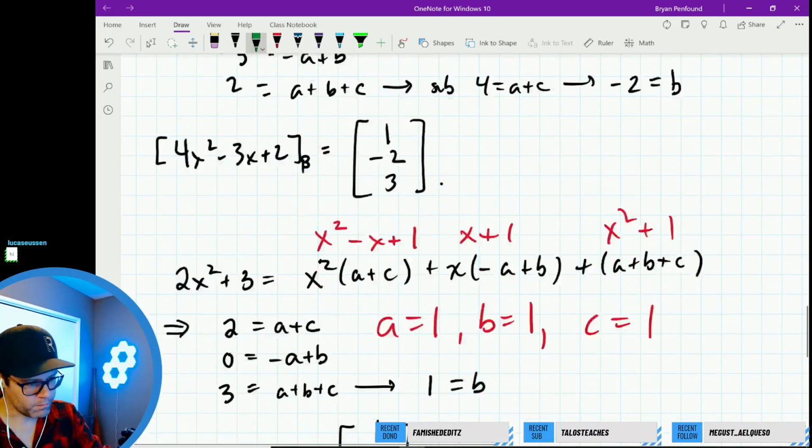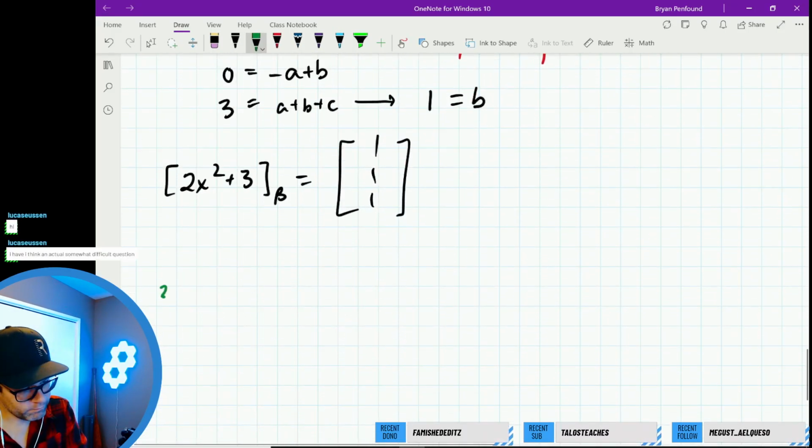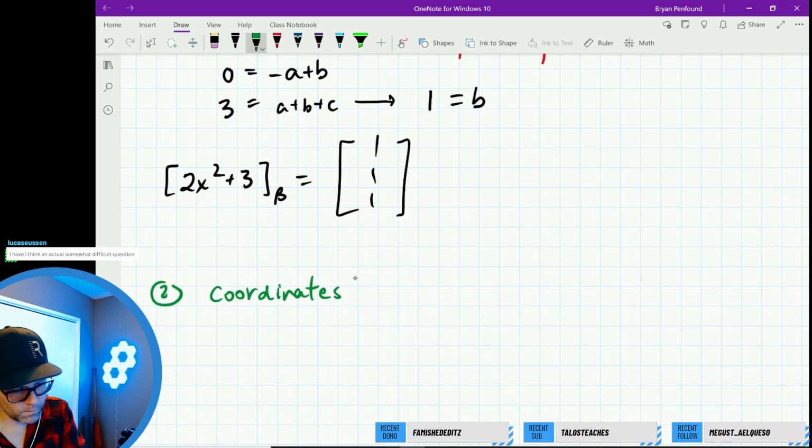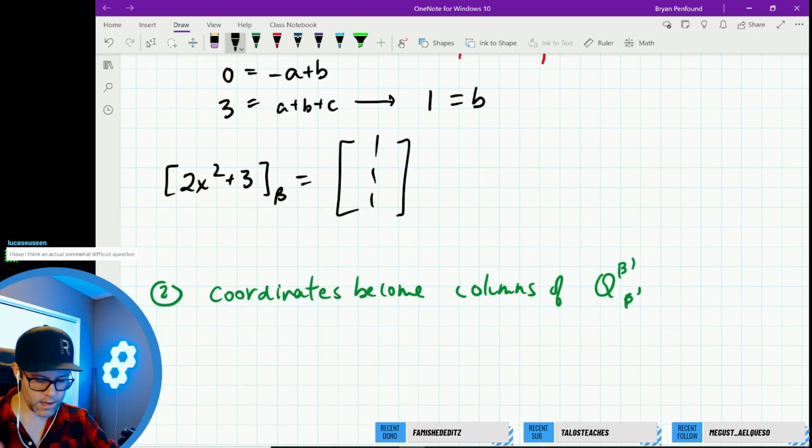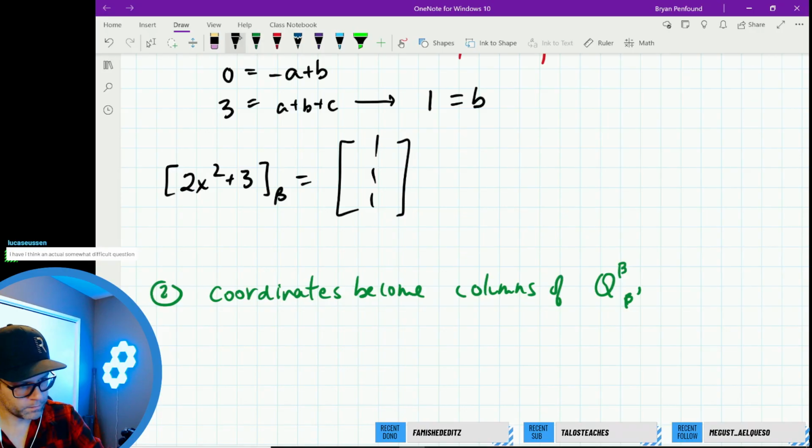So that's step 1. Typically, that's the tricky part. So now these coordinate vectors become the columns of Q. Okay, and what we've done is we've created, I believe, a Q that starts at beta prime and goes to beta.